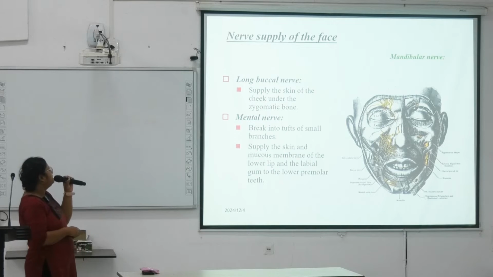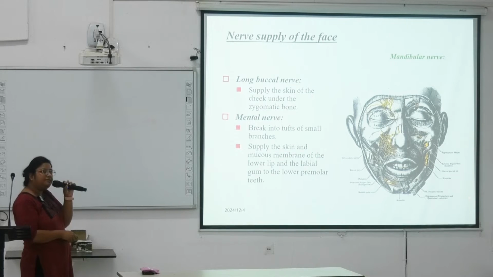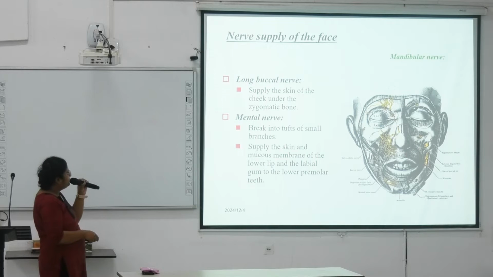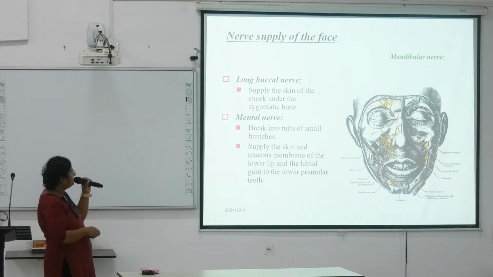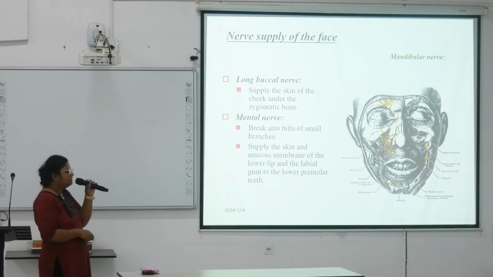The mental nerve breaks into tufts of small branches and supplies the skin and mucous membrane of the lower lip and the labial gum to the lower premolar teeth. It comes out by the mental foramen. Here is the mental foramen of the mandible, which you have read during the bone of mandible.